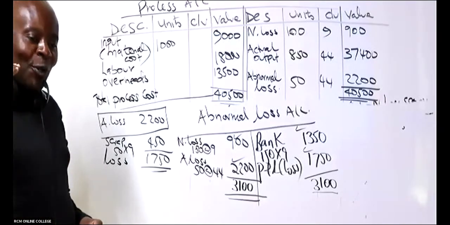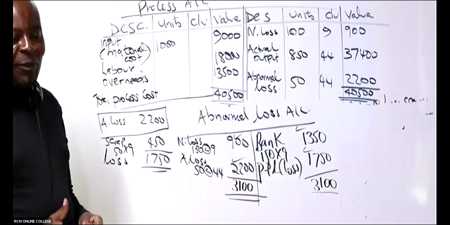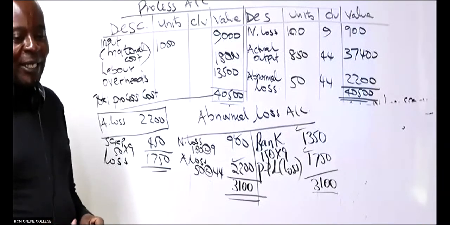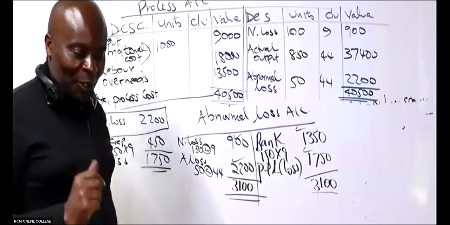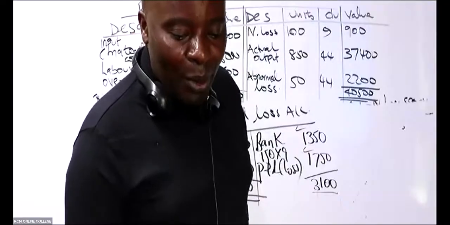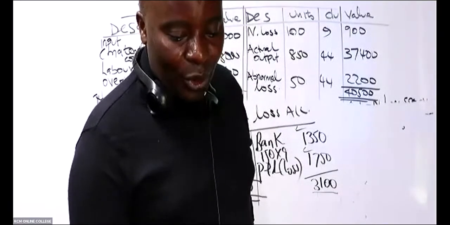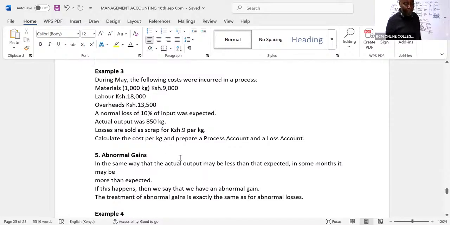So can I move on to something different, my good students? With your permission, I will go to a question that has an abnormal gain. Number 5 here, abnormal gains.